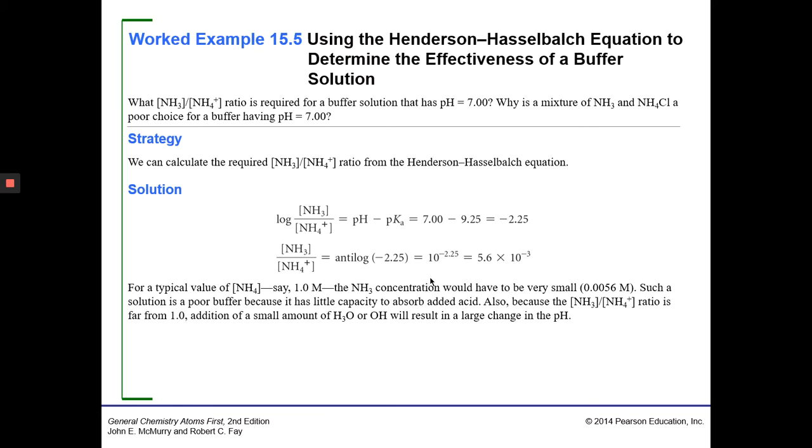And addition of a small amount of hydronium or hydroxide would result in a large change in pH. Okay, so if you're choosing a buffer of a desired pH, you want to go to the table and find a weak acid that has a pKa value that's close to the pH that you want.